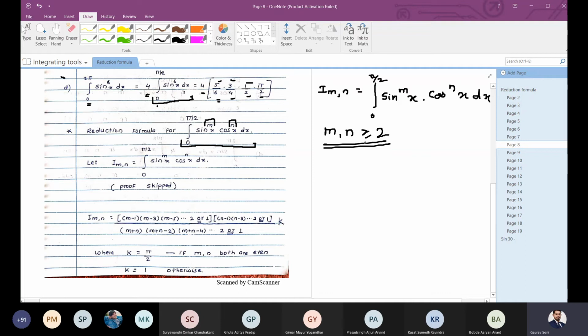And what is the answer to this integration given by? You take the power of sine, what you are subtracting every time, and you take the power of cos, again you are subtracting something. What do you observe?